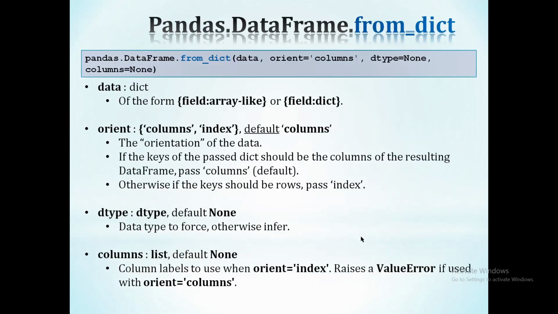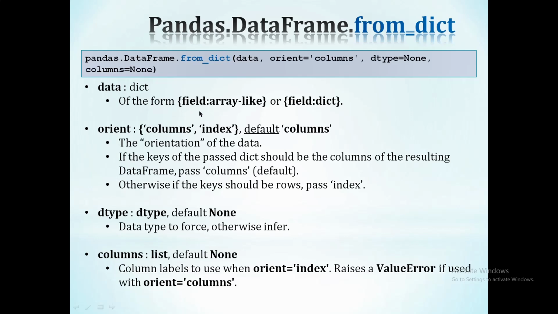Then in pandas, I can create a data frame from a dictionary using the from_dict function. pandas.DataFrame.from_dict takes data, orient, then dtype and columns. Here data represents a dictionary.